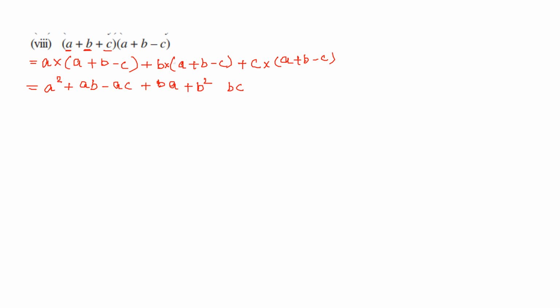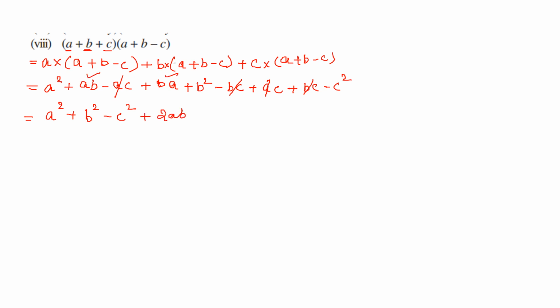Then you have to multiply c with a, which is ac, c with b, which is bc, and c into minus c will give minus c square. Now let's see if anything can be simplified. I can see here minus bc and plus bc will be 0, and minus ac and plus ac will also be 0. So I am left with a square plus b square minus c square, and then plus ab and plus ab will give you plus 2ab.